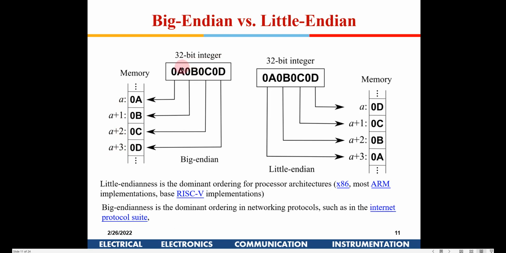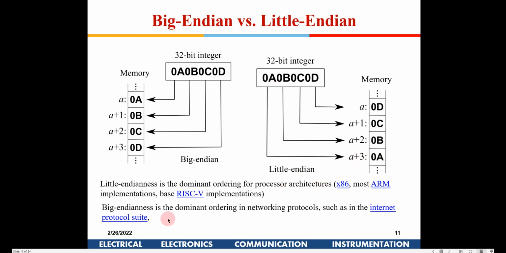It is a 4-byte data, so 4 bytes are being used, and in the highest memory location you are putting the LSB, and in the lowest memory location you are putting the MSB. So this is known as Big-Endian, and in Little-Endian it is exactly the opposite. Here in the lowest memory byte you are putting the LSB, right? So it starts in the reverse order, and in the highest memory byte location you are putting the MSB.